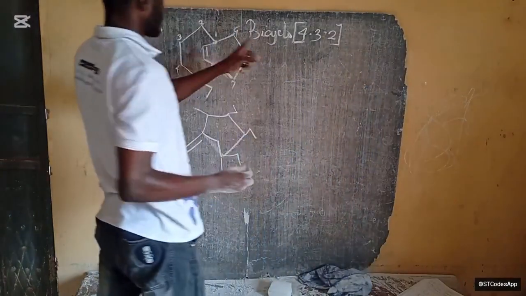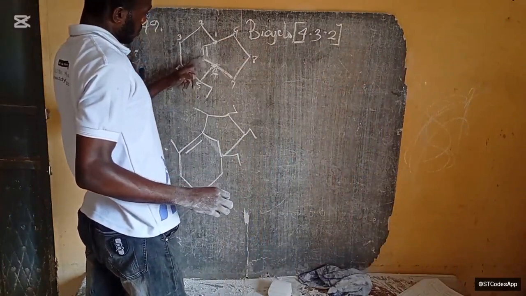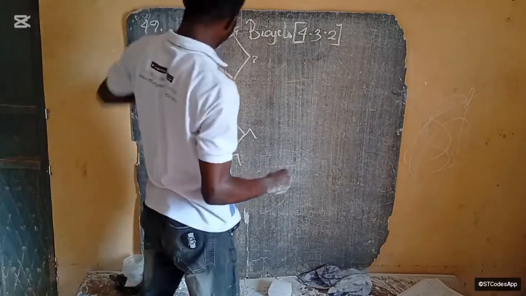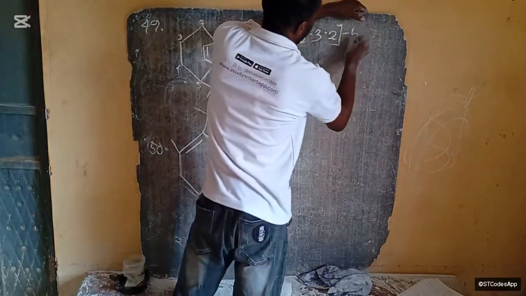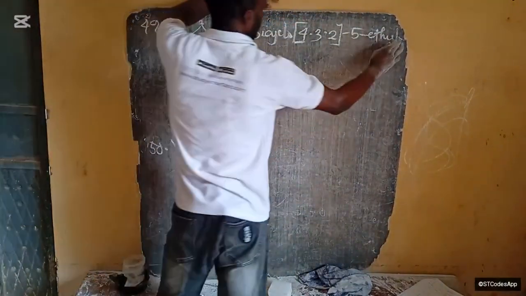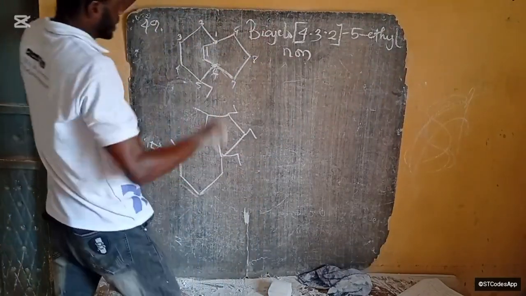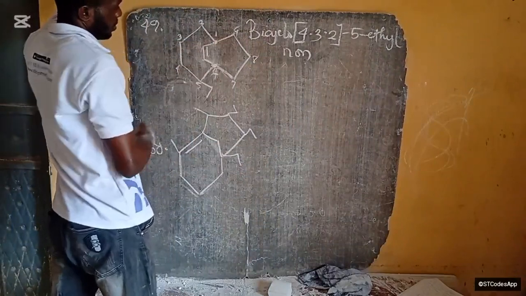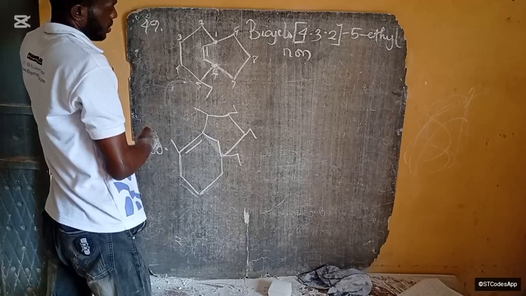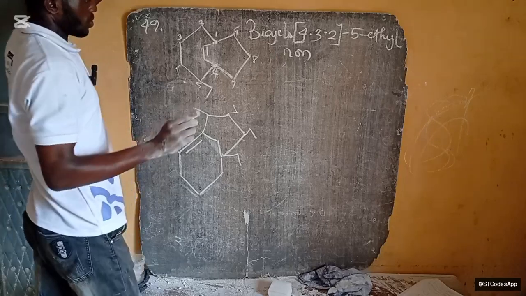So we're going to have bicyclo 4, 3, 2, 9-ene. That is known. Okay, there's 5-ethyl. 5-ethyl known. Now this 9. Okay.